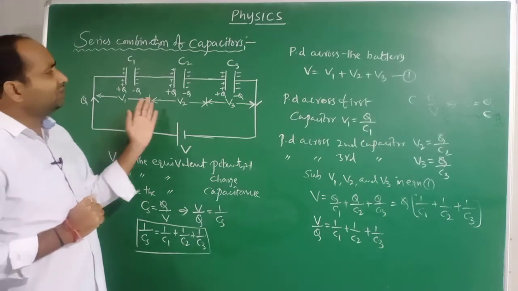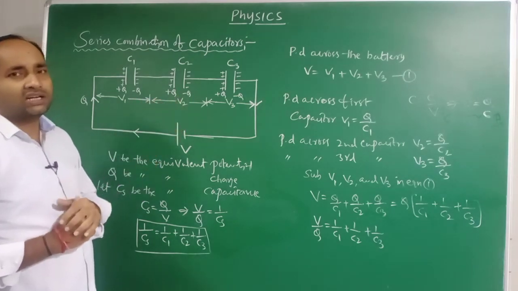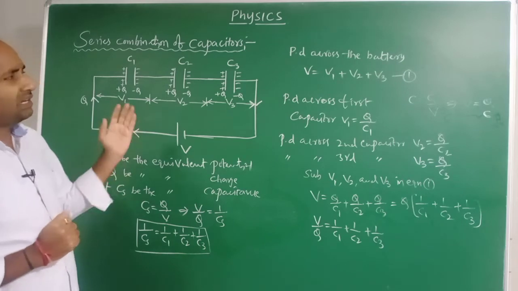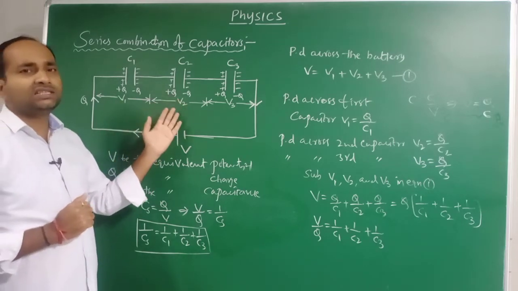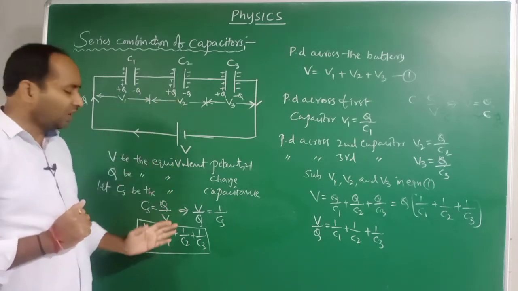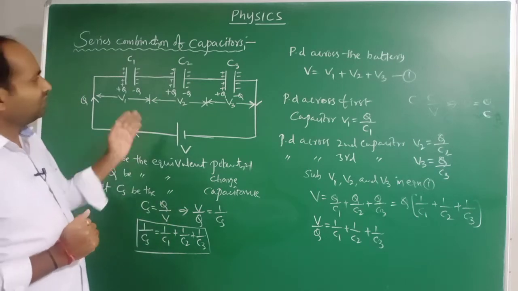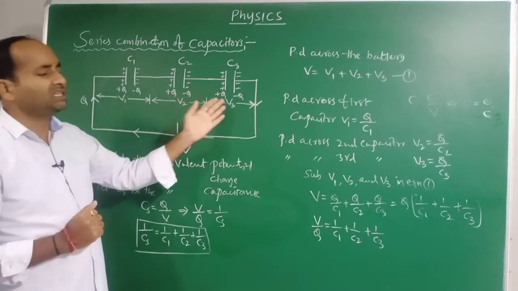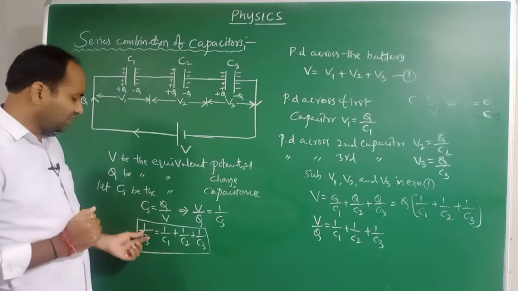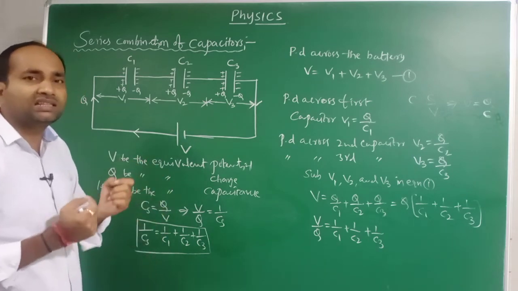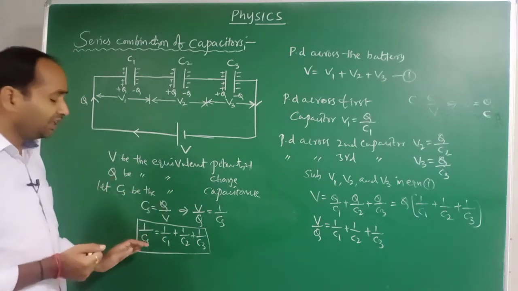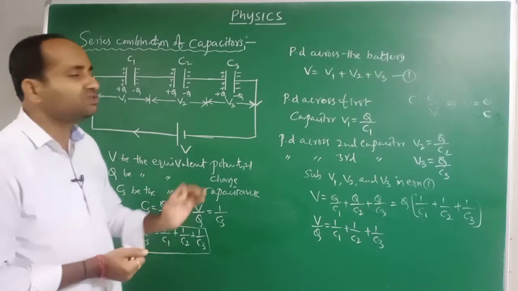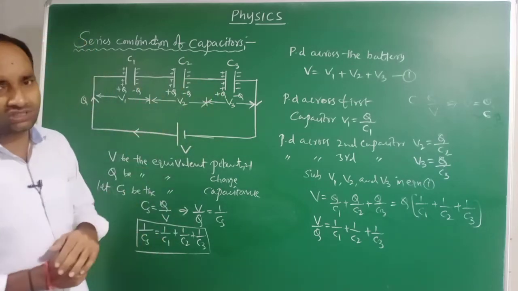Whenever capacitors are connected in series, the resultant capacitance is less than the least value of capacitance among the three capacitors.